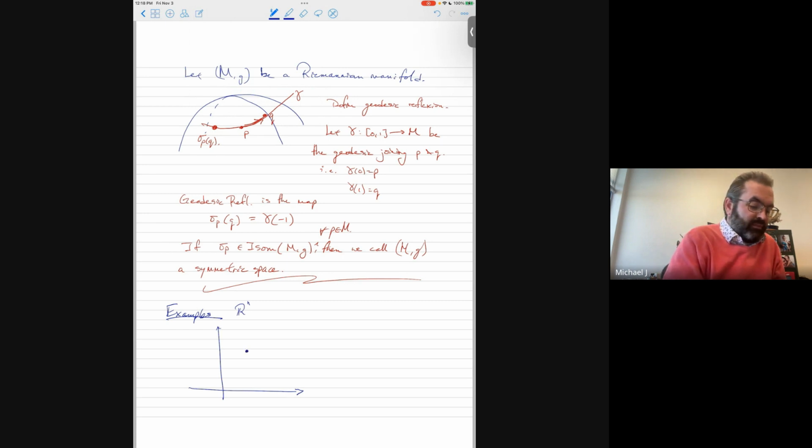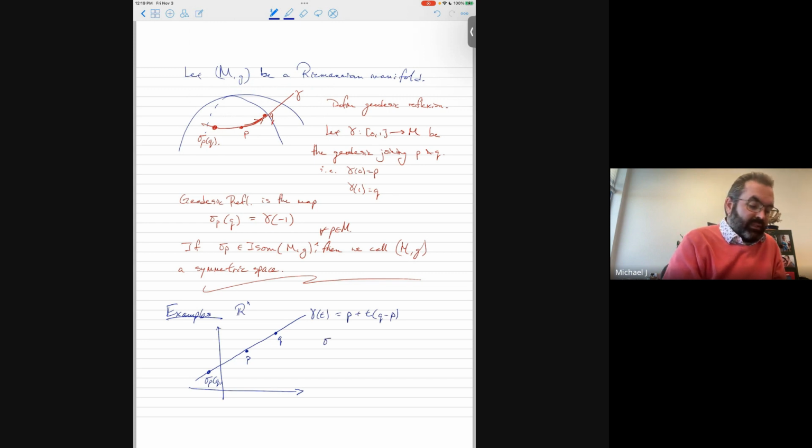I take a point P, some point Q, I take my geodesic between these, and then the reflection should be back here. So what is this point? The line through here would be P plus t times (Q minus P).